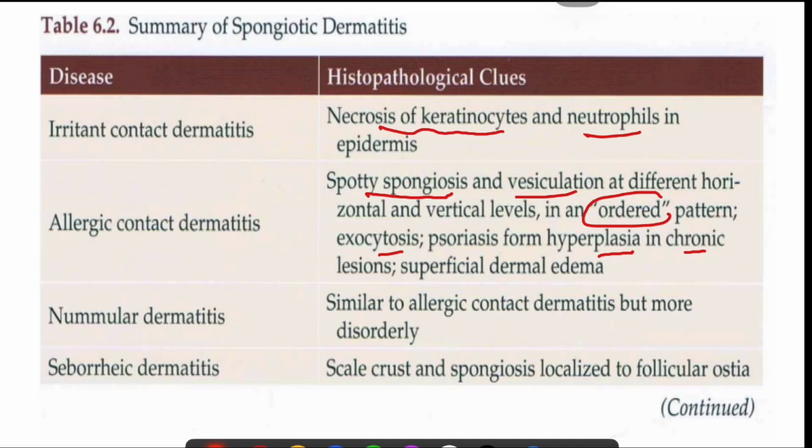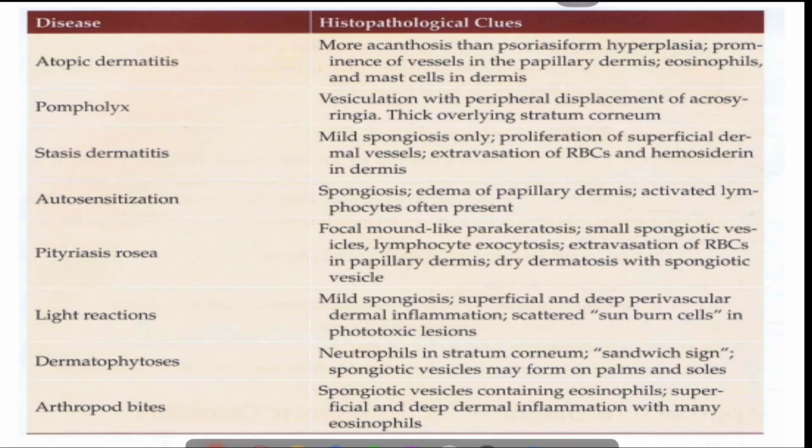In nummular dermatitis, it is similar to allergic but more disorderly, right? And in seborrheic dermatitis, as the name suggests, scale crust is present, and spongiosis is localized to follicular ostia. And these are some other clues for different diseases that we are not going into in detail. We will discuss all the diseases one by one in separate videos.